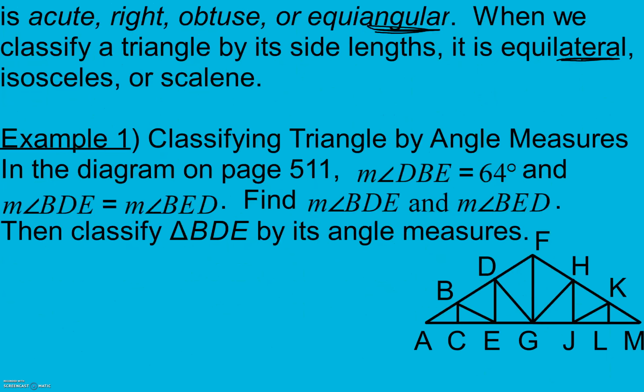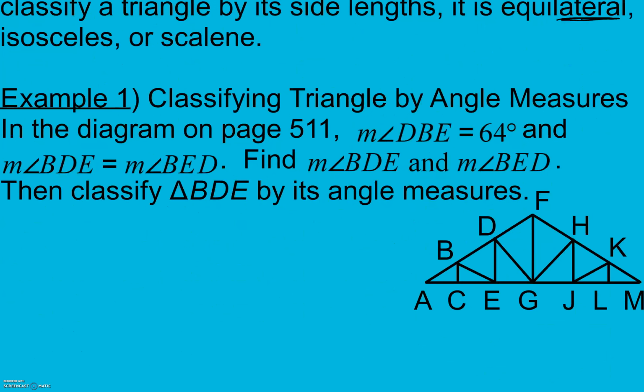So in example 1, we're going to be classifying a triangle by angle measures. In the diagram on page 511, the measure of angle DBE is 64 degrees.